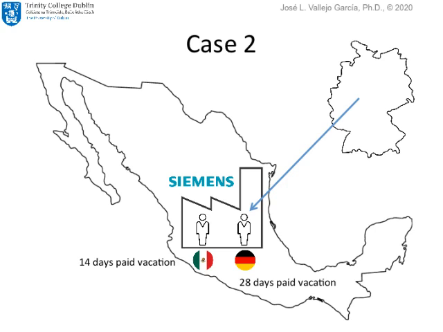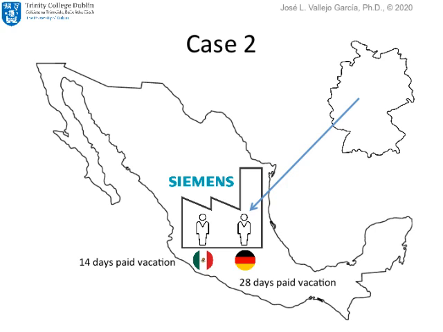But guess what? Siemens in Mexico hires also Germans, not only Mexicans. And Germans are used to having 28 days of vacation, more or less. So what happens when Siemens Mexico hires a parent country national from Germany, who of course wants to have 28 days?